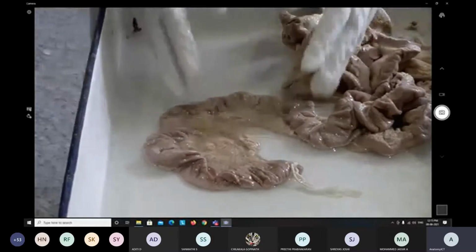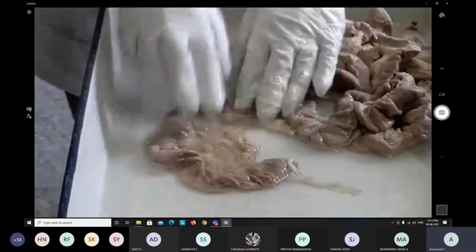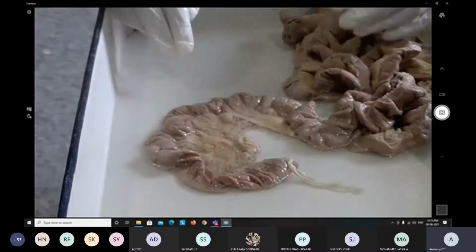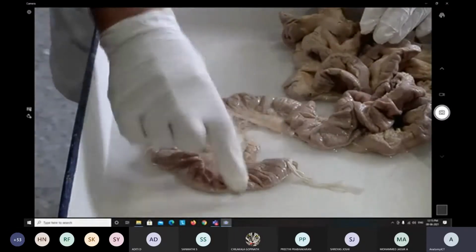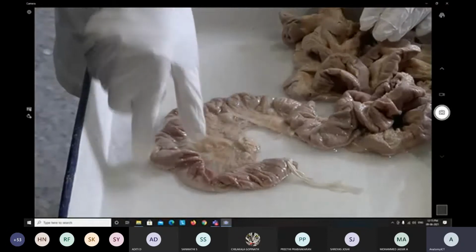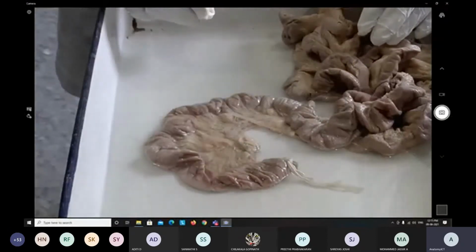Now let us study how the duodenum is. Again, for study purposes, the duodenum is divided into four major parts. This upper portion, this is a vertical portion, this is a horizontal portion, and this is an oblique portion, right?